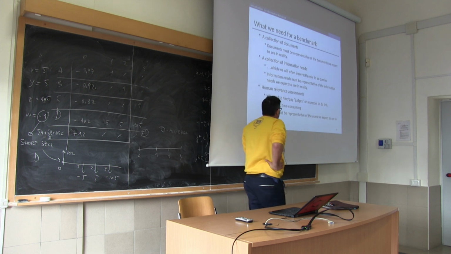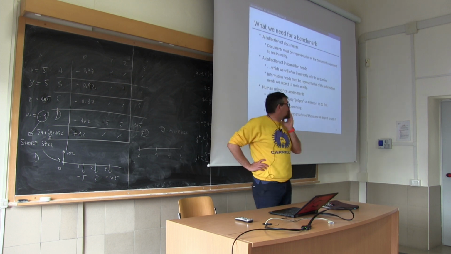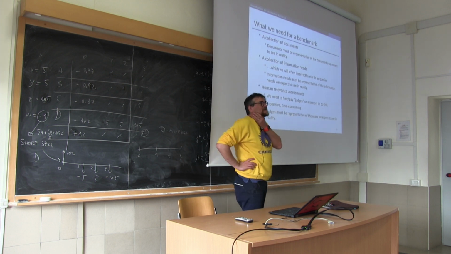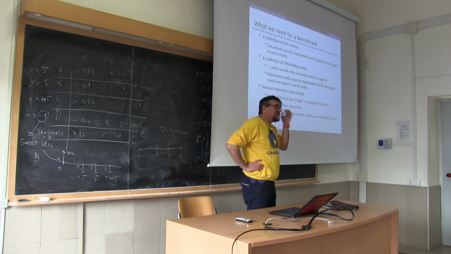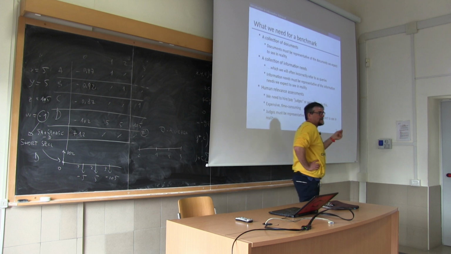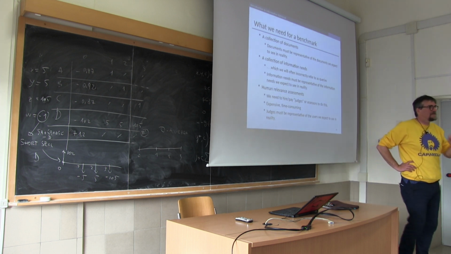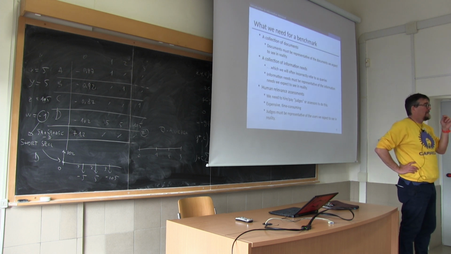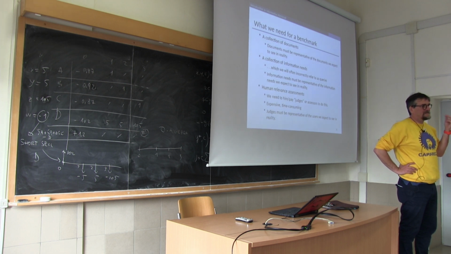And what is more important, actually, is that judges must be representative of the users we expect to see in reality. Clearly, if you take experts about a given topic, most likely those experts will consider relevant documents that are advanced documents, right? Documents that basically provide a very good understanding of the topic they are considering.